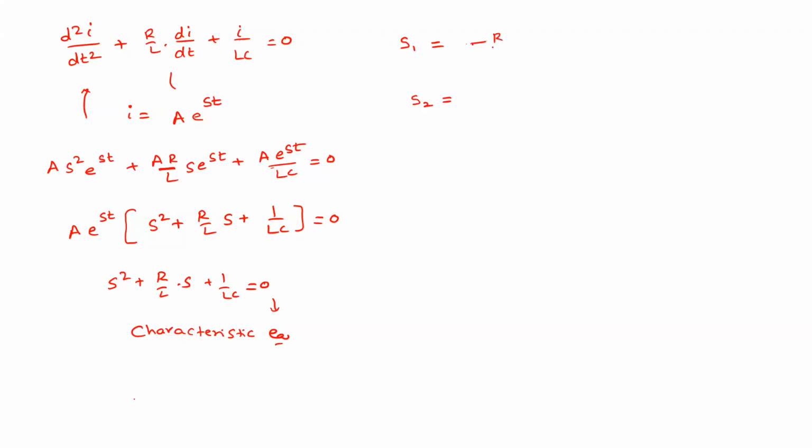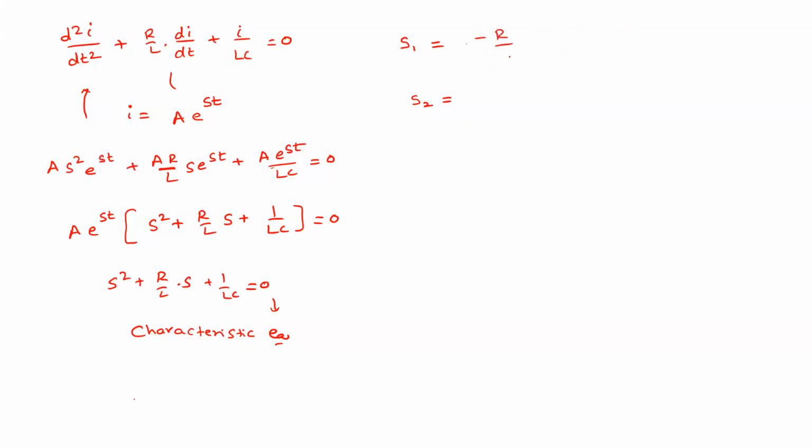Minus R by 2L plus square root. What are the roots for this equation? Can anyone tell me? Minus R upon 2L, sir, plus minus under root R square upon L square minus 4 upon LC, whole upon 2. Tell me again.